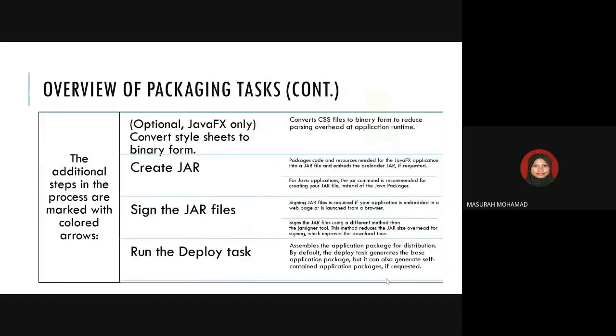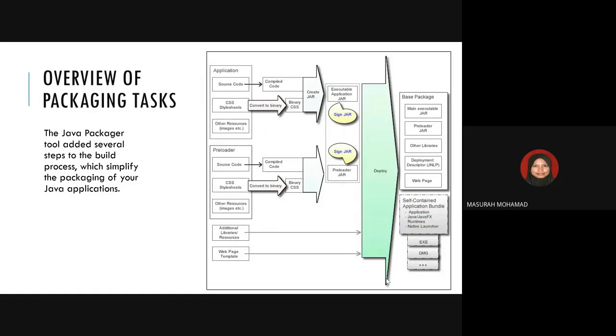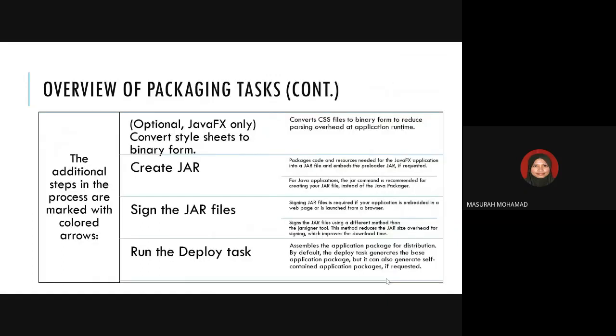All right, so the additional steps in the process are marked with the colored arrows. As you can see there, the colored arrows. You can read further explanation of each component in the table. So what is the function of each component, such as create the jar, sign the jar file, run the deploy task.